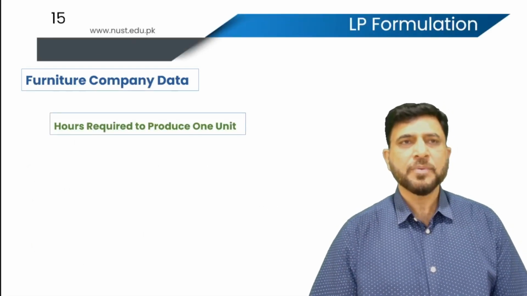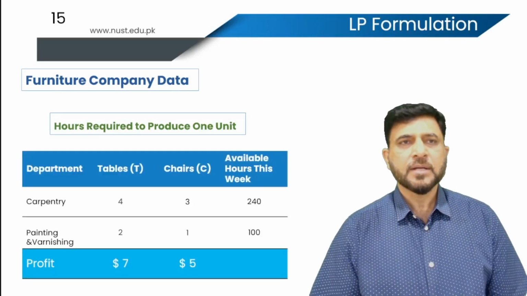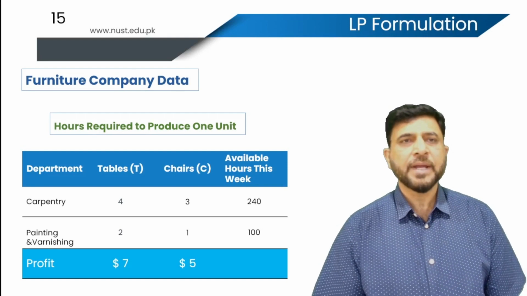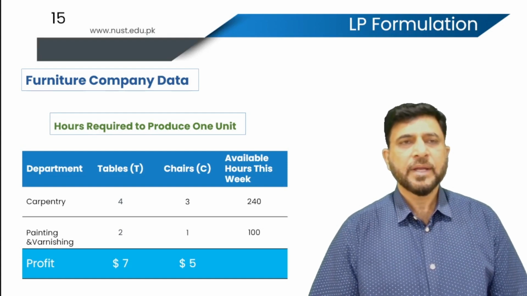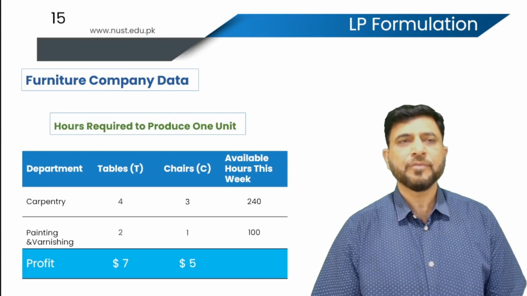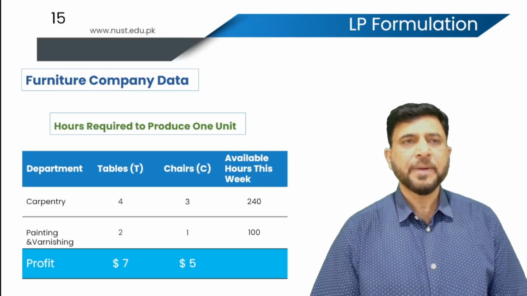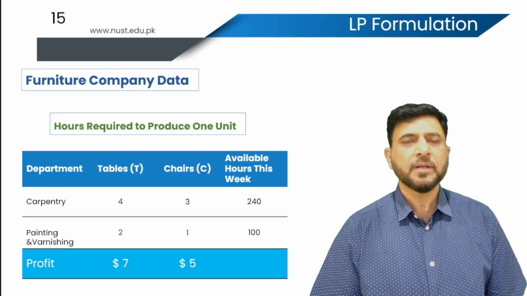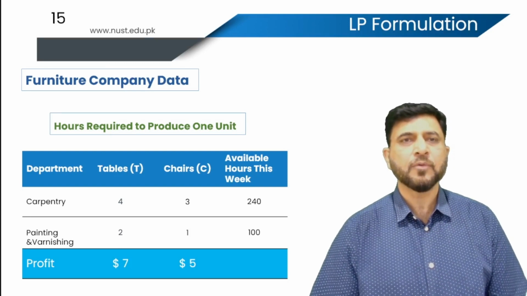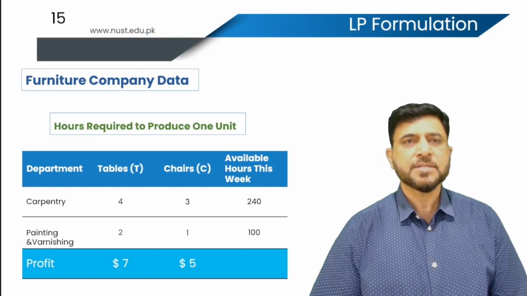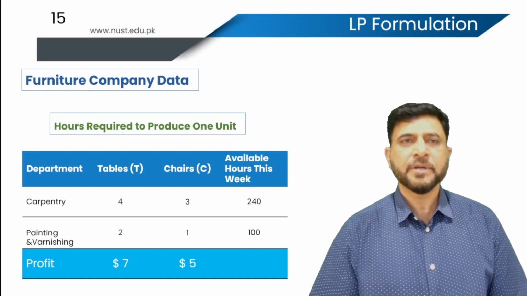Coming to the furniture company data, there are hours required to produce one unit. A company is making tables and chairs. It has a department of carpentry and a department of painting and varnishing. The carpentry department has total available hours per week equal to 240, and painting and varnishing has hours equal to 100 per week.